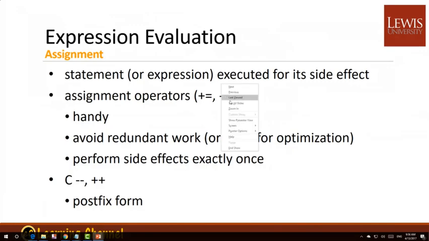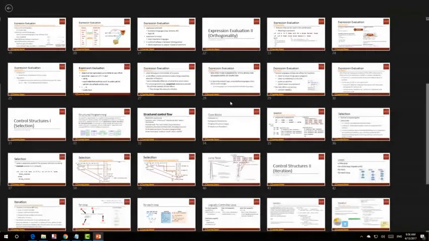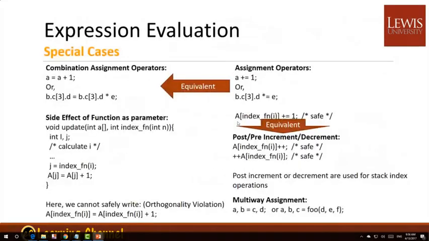So let's look at the previous example. This one, a plus equals 1. I don't read it as plus equal, because for you to quickly grab the idea, I usually read this as a increased by 1. So you always remember this operator is called increased by something.